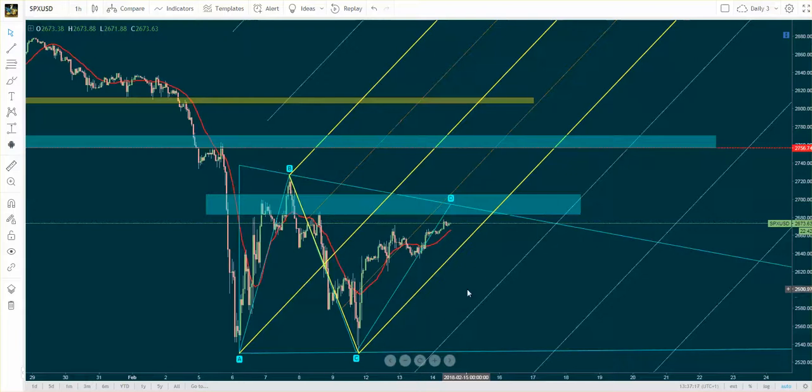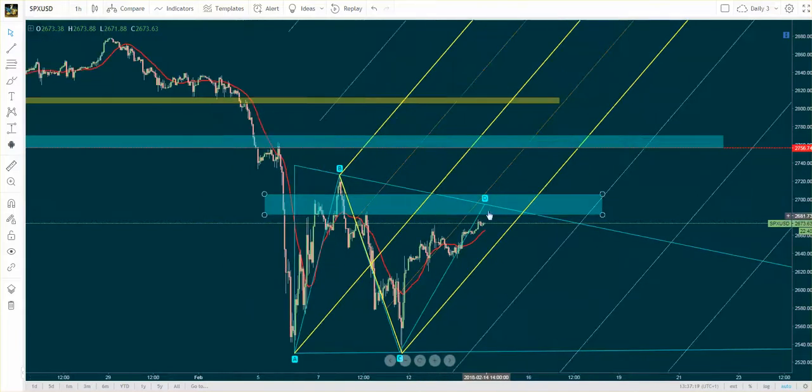Summarizing, finally, I will keep monitoring these levels closely. In case we go over them, we backtest them. So we break this reversal zone, backtest it, and then run higher. I will obviously go for an intraday buy, because from here we can do almost 40 or 50 SPX points up, which for me would be a good gain, especially for intraday trading.